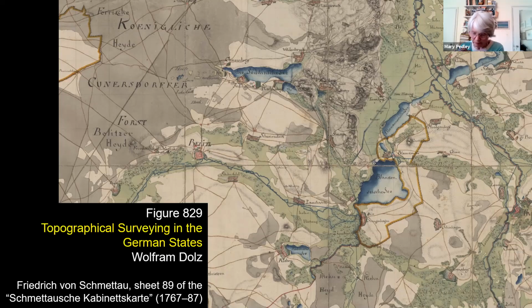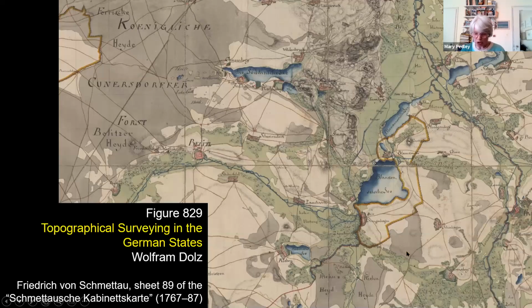is going to take us into the way that these kind of manuscript maps had a civic and private use. Here in this map of the area just south of Berlin in Germany, uses color, as we've seen. It uses hatchers for elevation.